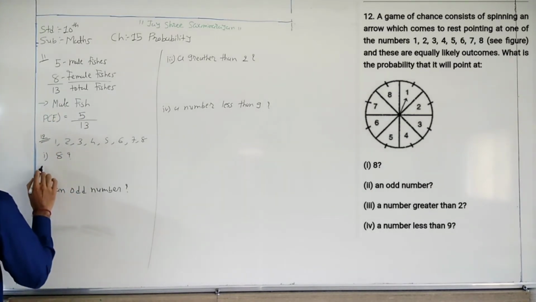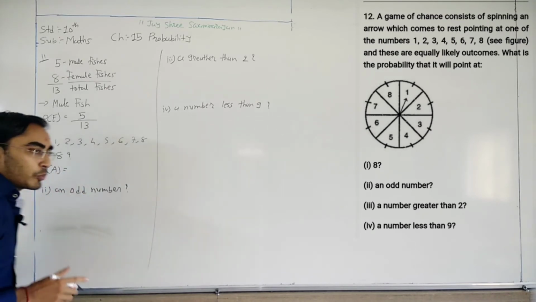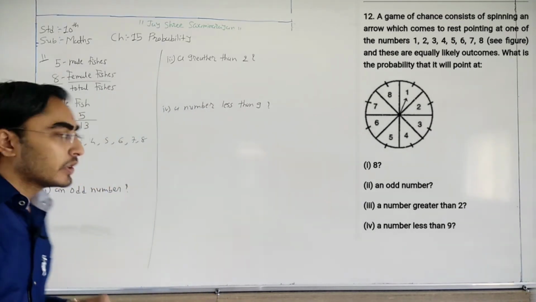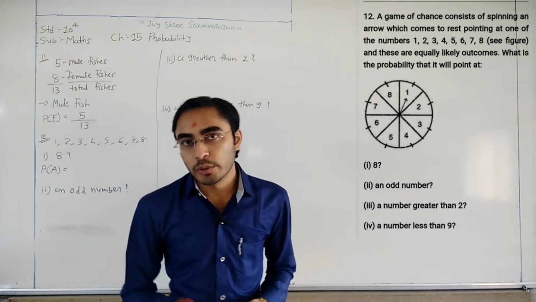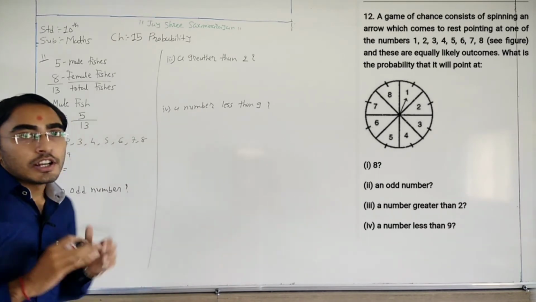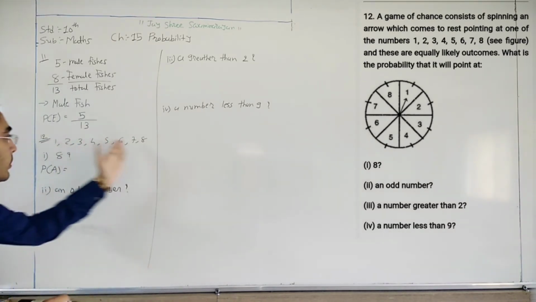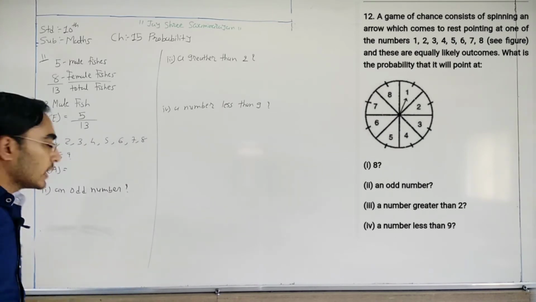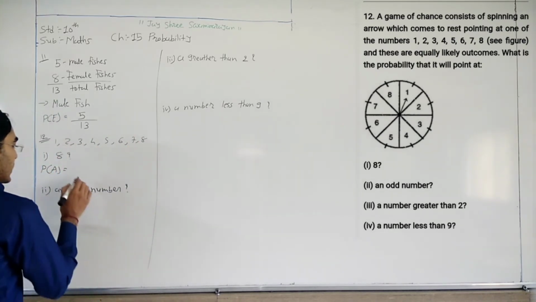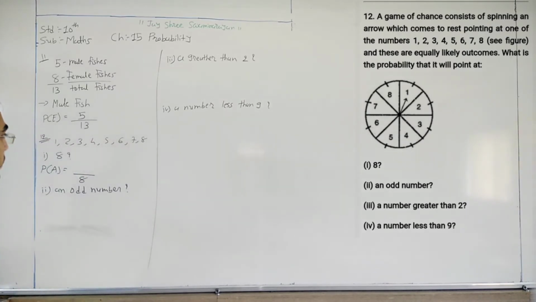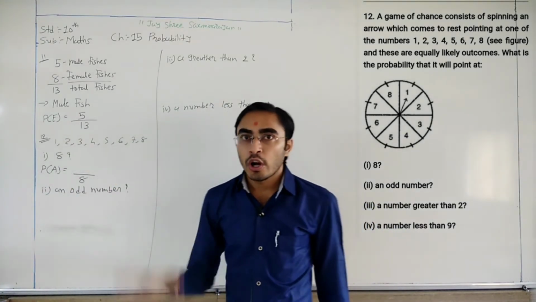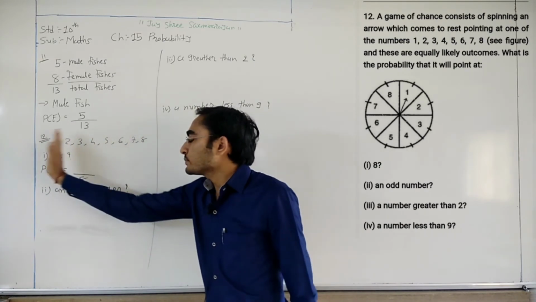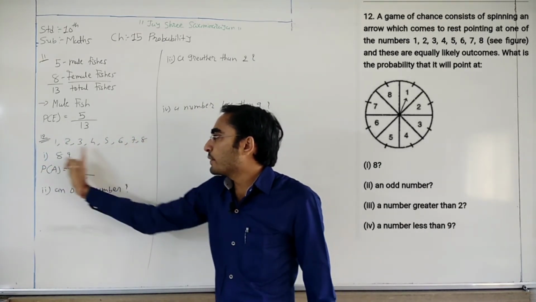So first of all, we give it event A, so probability of event A. Here again we need to think about two things, total number of outcomes and favorable outcomes. For total outcomes, how many numbers do we have here? 8, right? In total we have 8 numbers here. Now for 8, how many times do we have 8 in these numbers?